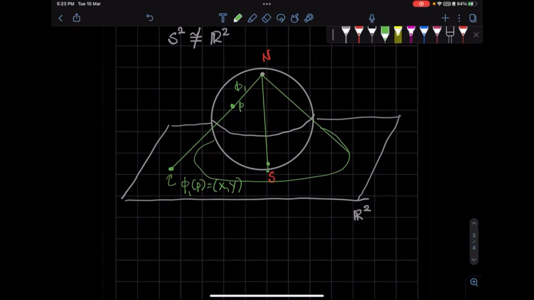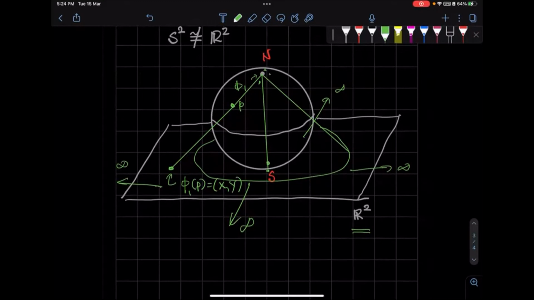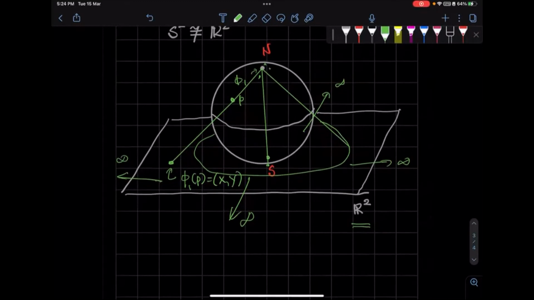As you come closer and closer to the North Pole, this point goes off to infinity, and this point goes off to infinity, that point goes off to infinity. So the North Pole itself is not going to be part of R2. So you see that we cannot cover the whole of the manifold by a subset of R2, right?